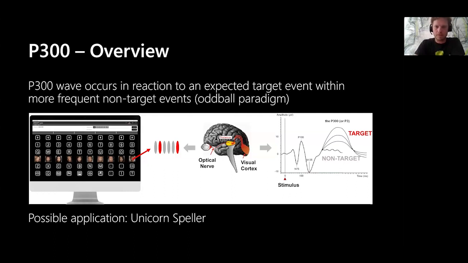Actually, it's a row and column pattern. And when the character you're focusing on is flashing, then your brain will exhibit a nice P300 wave. This P300 wave can be detected by the BCI and used to detect which character you are focusing on. So that's a very famous example.